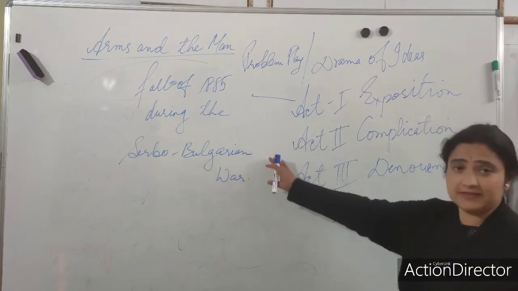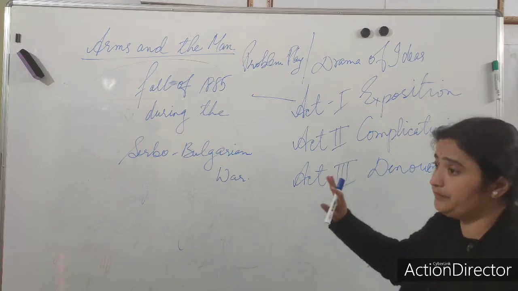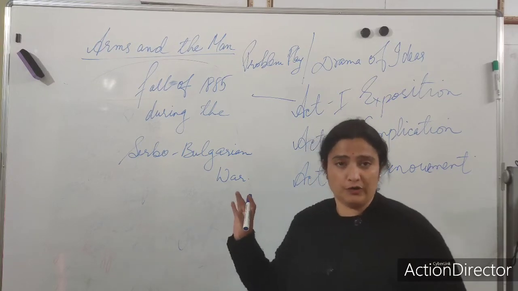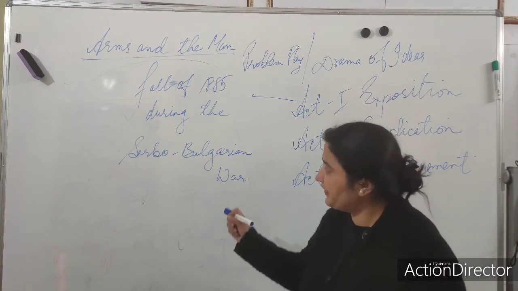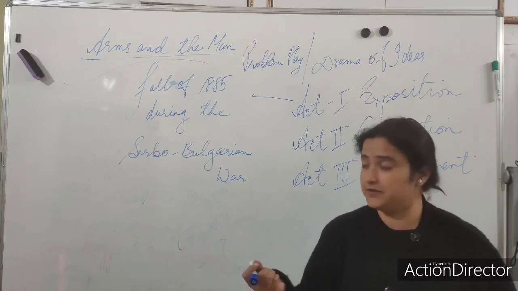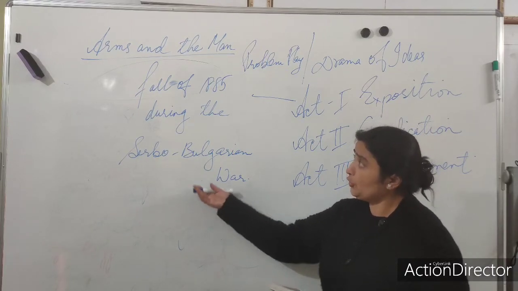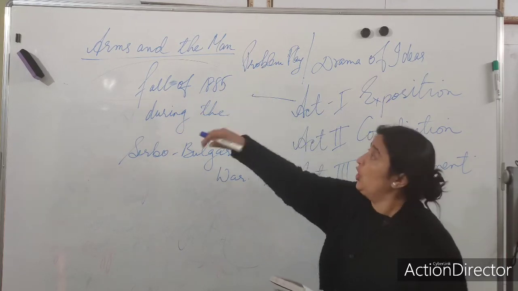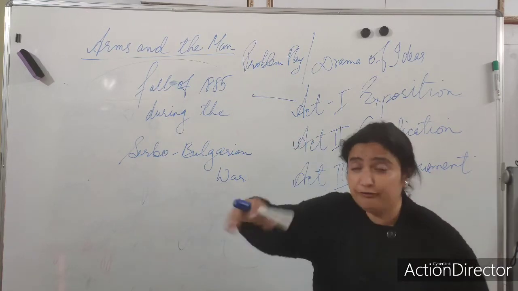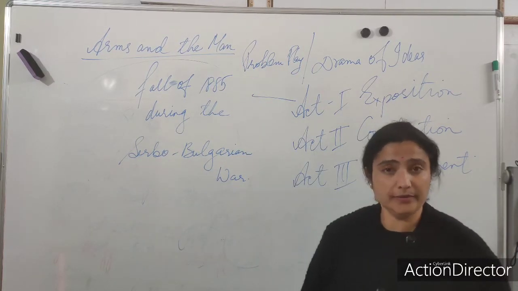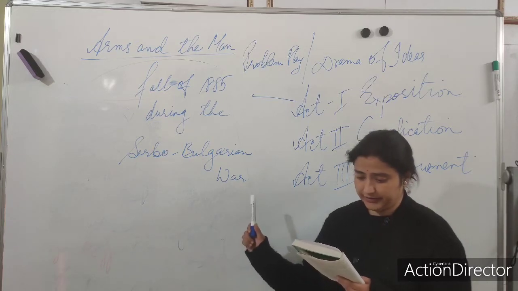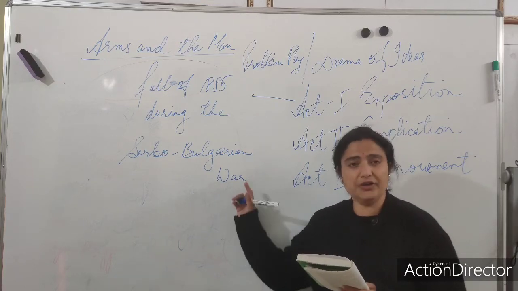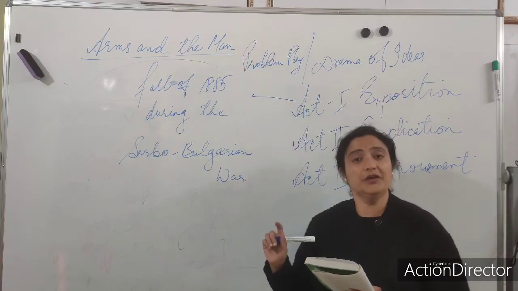But here, obviously, this is a historical background. But then, we will not say it forms the development of the play, right? It is only an event with which the play has started, and maybe Shaw took this to focus or to elaborate upon the theme or upon the idea which he wanted to bring forth through the play Arms and the Man. Now, if I read in your books, this is just a historical background, but you will not call Arms and the Man a historical play.